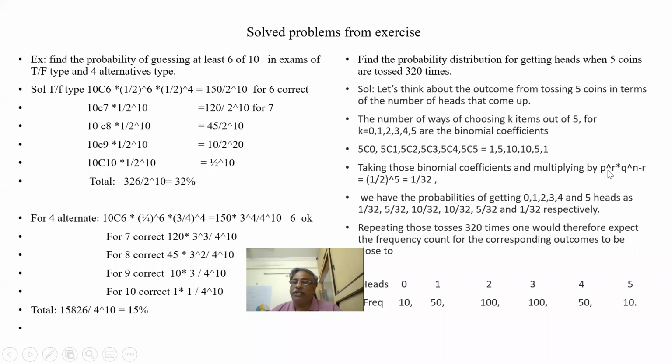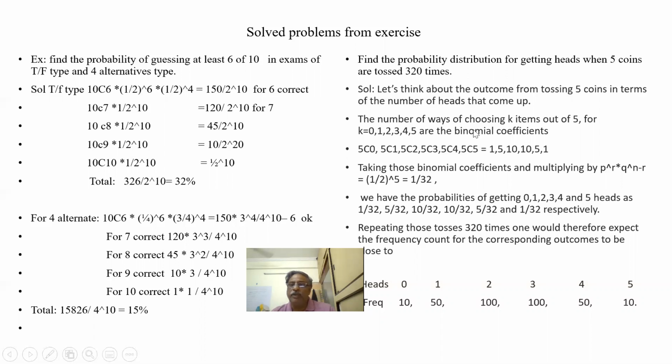The probability of getting heads r times is equal to p to the power of r into q to the power of n minus r into nCr. So what is p to the power of r here? p is 1 by 2 for each coin. There are 5 coins. 1 by 2 to the power of r into 1 by 2 to the power of n minus r, so r gets cancelled. 1 by 2 to the power of n, that is 1 by 2 to the power of 5, that is 1 by 32. This is the coefficient portion, the right side portion.